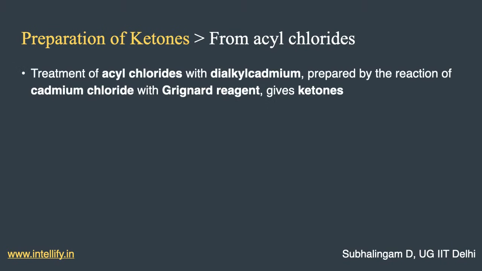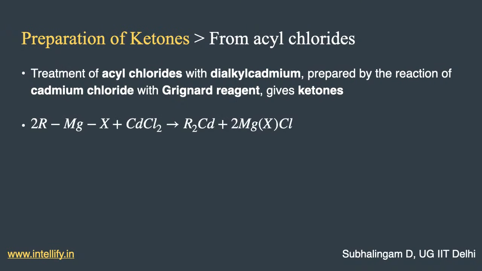Now we are going to prepare ketones. First, from acyl chlorides. Treatment of acyl chloride with dialkyl cadmium, prepared by reaction of cadmium chloride with Grignard reagent, gives ketones. So first we will see how to prepare this dialkyl cadmium. We take Grignard reagent, that is RMgX, and treat it with CdCl2.